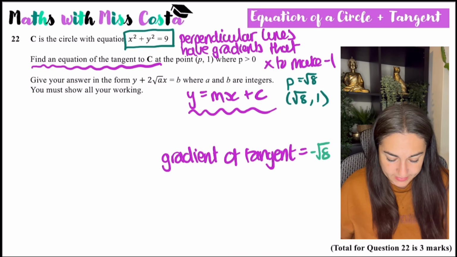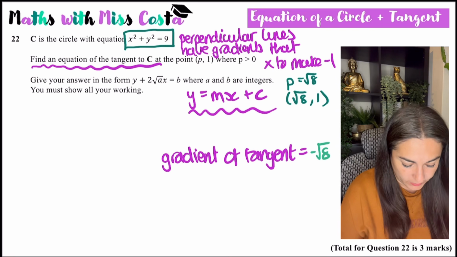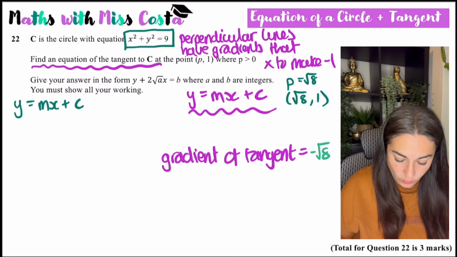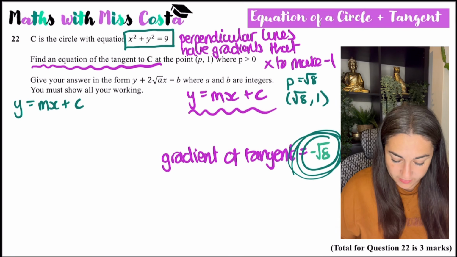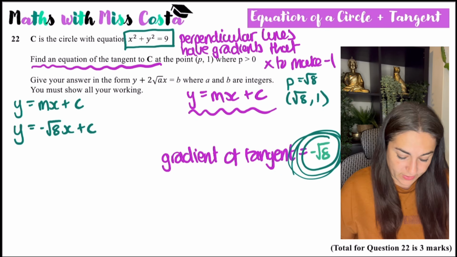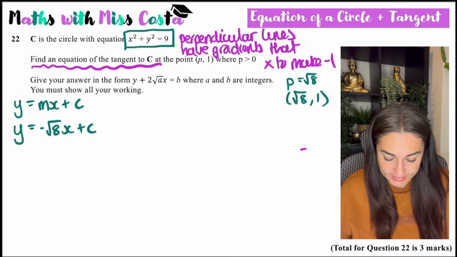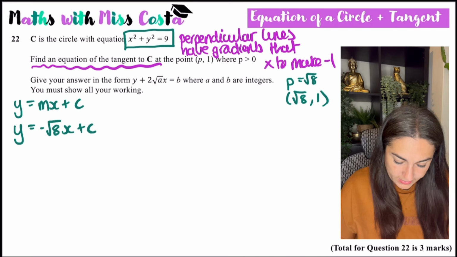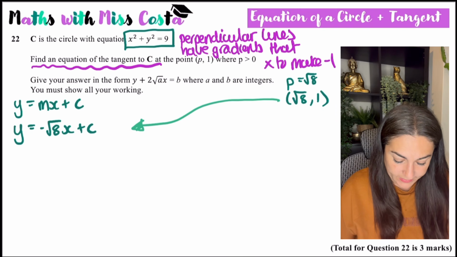So every straight line is written in the form y equals mx plus c, where m is the gradient, c is the y-intercept, and I have worked out that the gradient of the tangent is minus root 8. So I can then write the equation of the tangent as this. Now, what other information do I have? Well, I know a coordinate that is on this line.